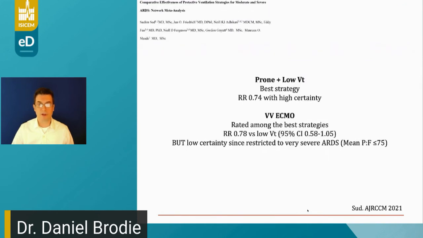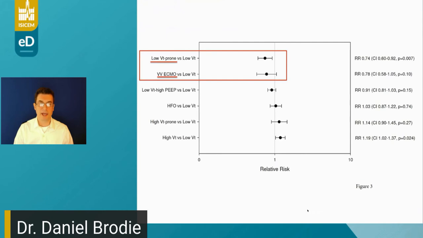And of note, there were 2 therapies or 2 strategies that came out on top. Prone positioning with low tidal volume ventilation was the best strategy with a high certainty of evidence. And VV ECMO was rated among the best strategies, but with low certainty, given that it had been restricted to the few patients with very severe ARDS. And you can see that here with the favorable relative risk of those 2 primarily.